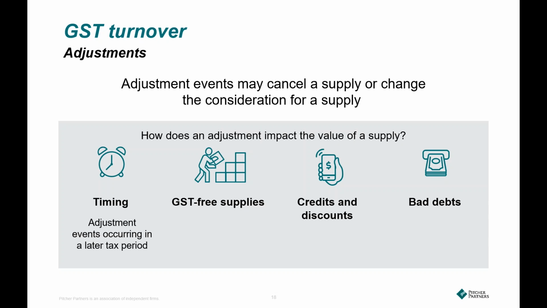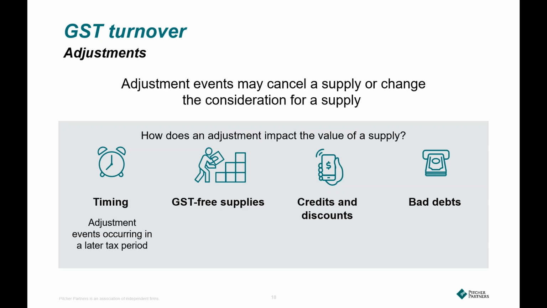So just to give you a basic example, if you've issued an invoice for $110, including GST, in period 1, and then a couple of months go by and we're getting further into the COVID-19 period, and you decide that in order to receive some of that amount from your customer, you need to issue them with a credit note for $44, including GST, and that's in period 3.